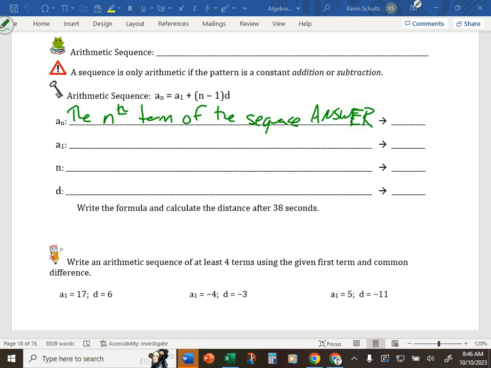And n just represents a variable, or it represents a value, right? So for our purposes, what was n? 38. We were looking for the 38th term of the sequence. That was going to be our answer. Our n was 38. It's the term you are trying to find, which in our example above was 38.